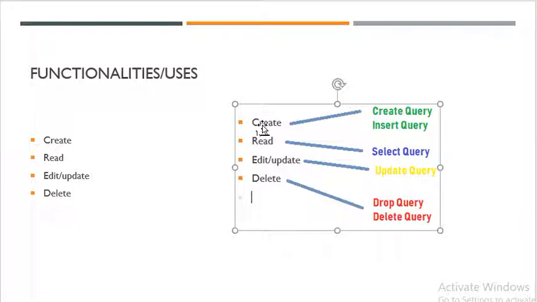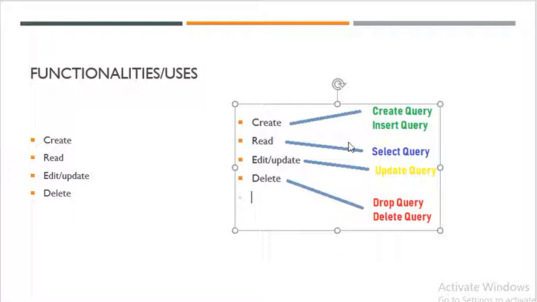To create and store data, we use queries by name: create query and insert query. To create a table, we use the create query, and to insert data into the table, we use the insert query. In the next few slides, we'll learn about using these queries.